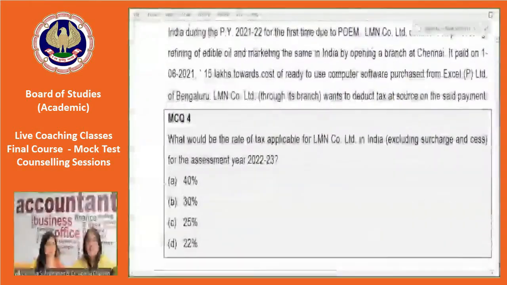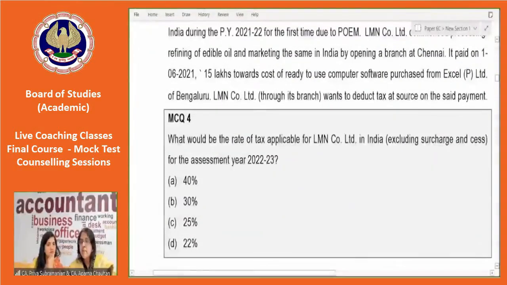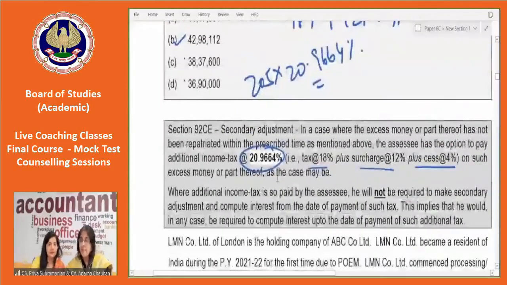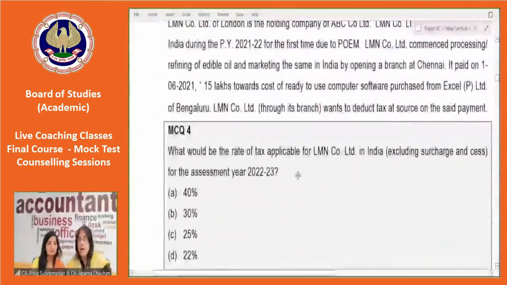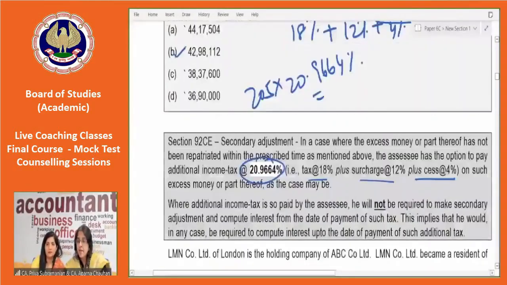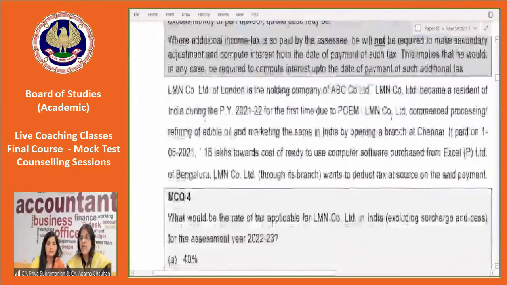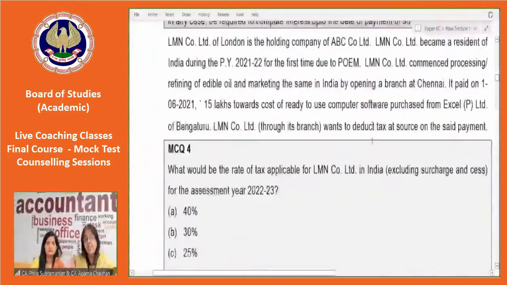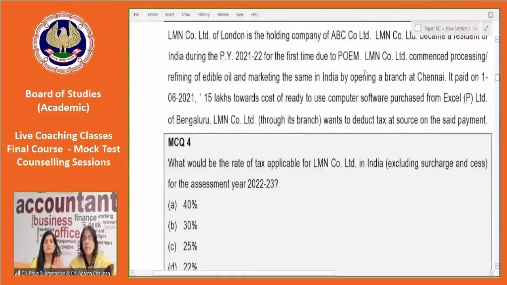Now coming to the next set of information, it is again LMN. LMN Company Limited of London is a holding company of ABC Company Limited. It is a foreign company. It became resident in India during the previous year 21-22 for the first time due to place of effective management being in India.